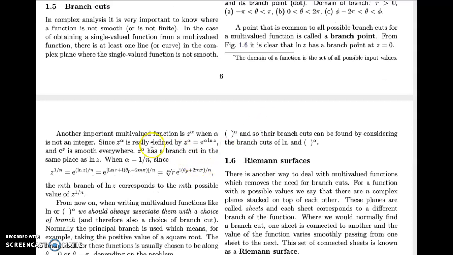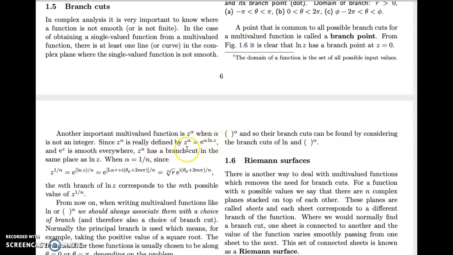Now, another important multivalued function is z to the power alpha when alpha is not an integer. Really, this just reduces to the log z case. In fact, pretty much all branch cuts in the end reduce to what happens with log z. Now, z to the alpha in general, we've seen, is defined by e to the alpha log z.